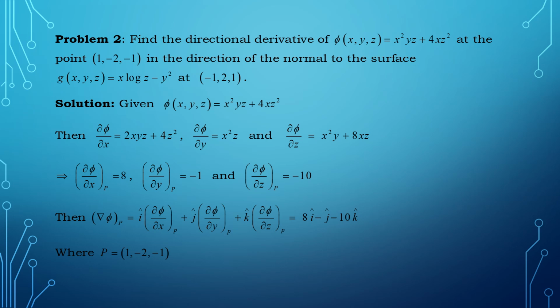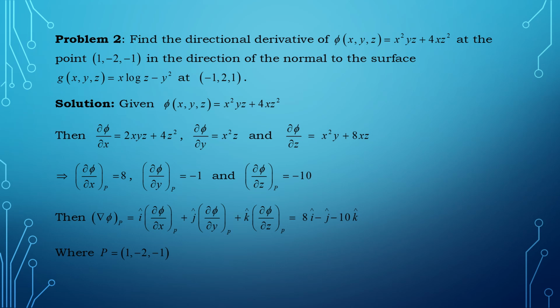For the given surface phi of x, y, z equals x squared yz plus 4xz squared, dou phi by dou x equals 2xyz plus 4z squared. Dou phi by dou y equals x squared z. Dou phi by dou z equals x squared y plus 8xz.